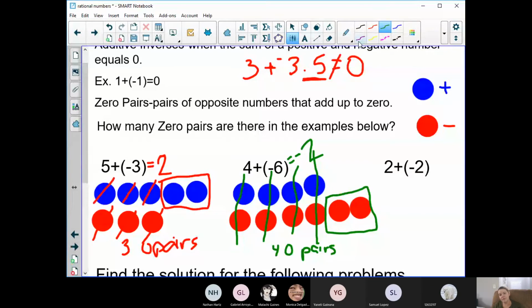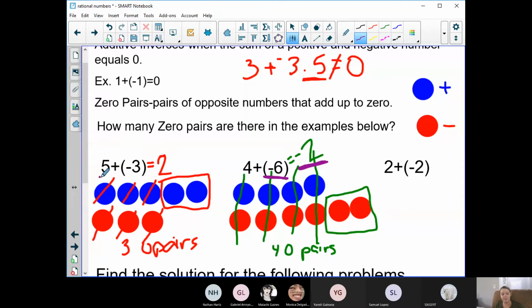Okay, so here's what I'm trying to get you to notice. The rule was halfway there to what I wanted you to notice. On this second problem, the negative number is bigger. So our answer was what? Okay, it was negative, right?